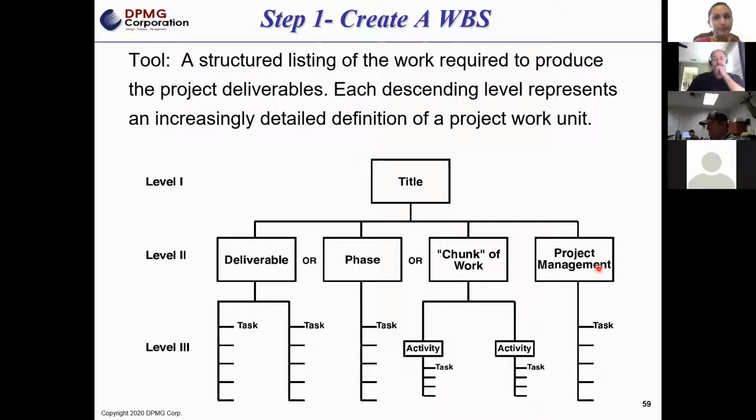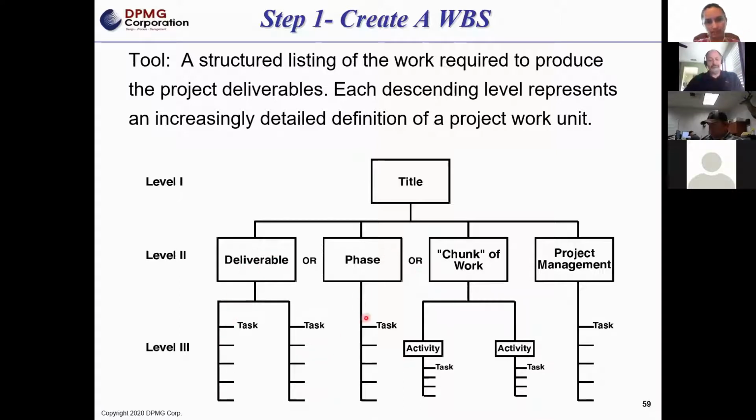So we're going to run through an exercise. Instead of having you try to make a decision, we're going to run through an exercise that's going to show you, it's going to derive what level 2 should look like for you. And then level 3 is down. So again, deliverables, we're going to identify the tasks to complete those deliverables.